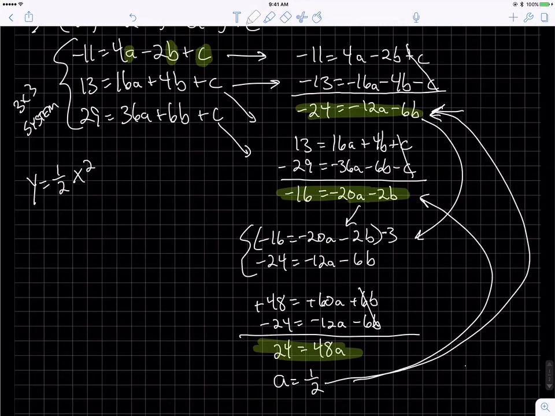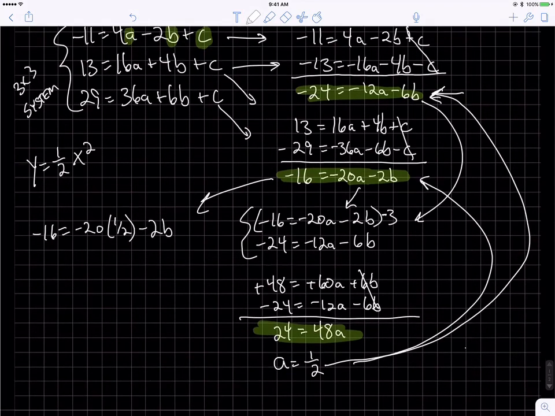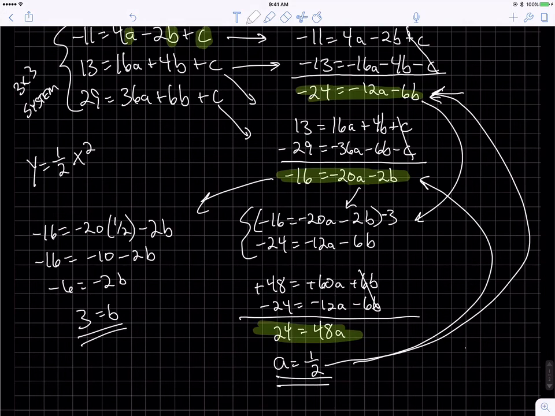So I'm going to just choose this one. Negative 16 equals negative 20 times 1/2, because that's what a is, minus 2b. So now I add 10, and b equals 3.